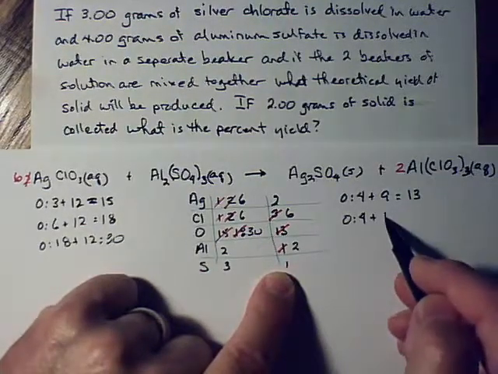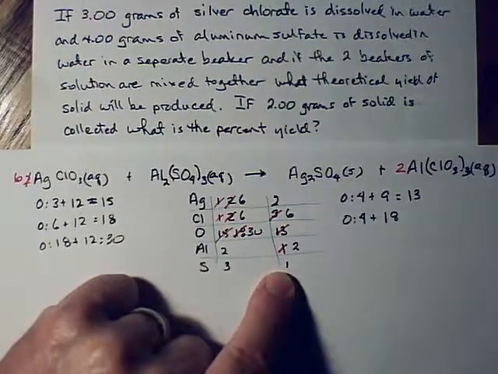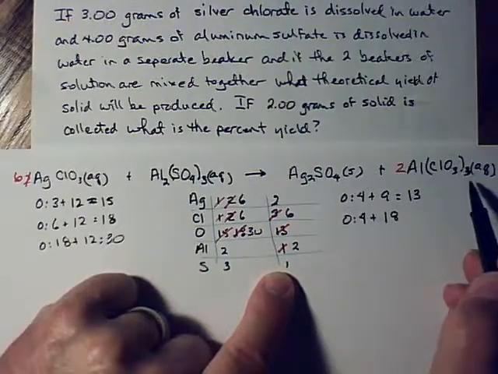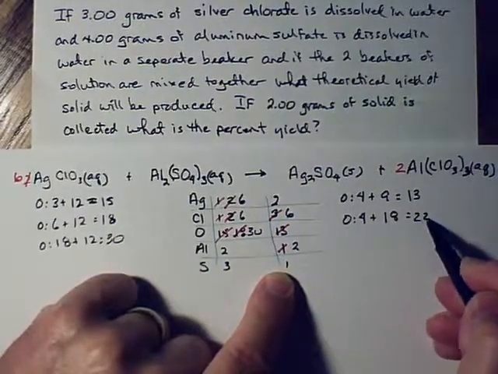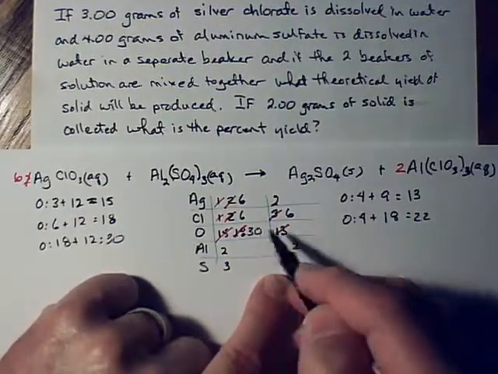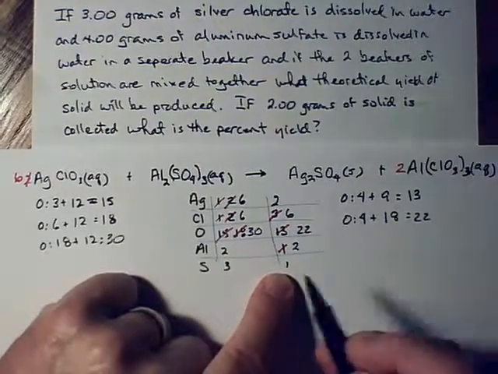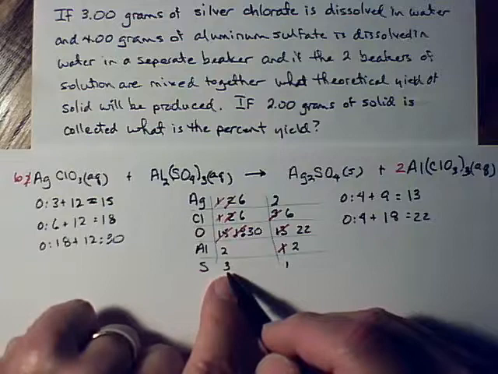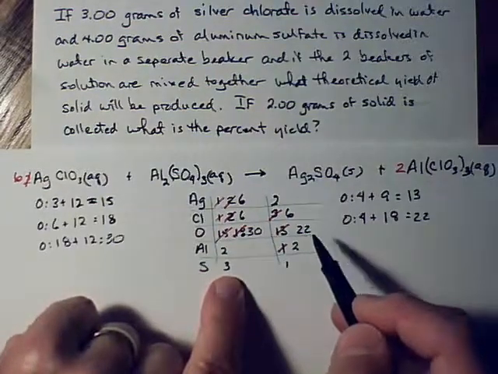Times 2 is 18. Is that right? 4 and 18? 22? Okay. All right. Now I can see that I've got things balanced, except for, well, we don't have the oxygen balance. We want to save that for last.